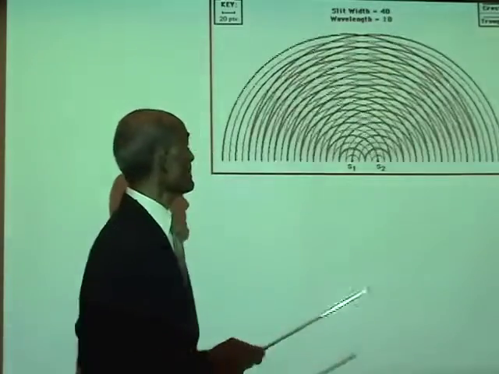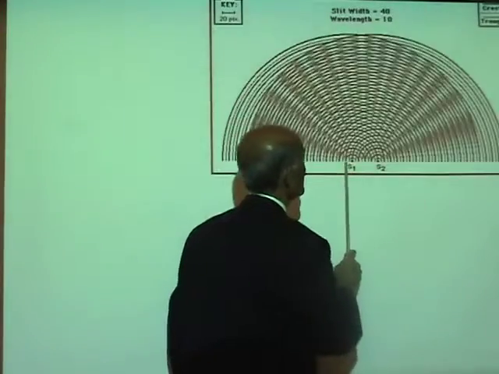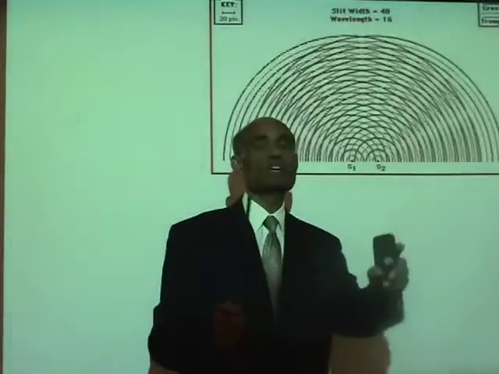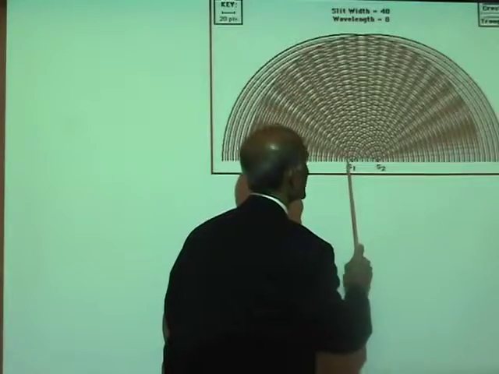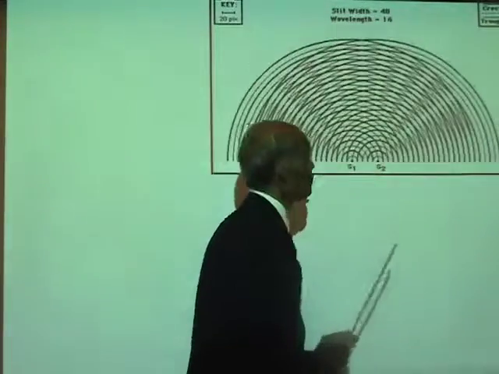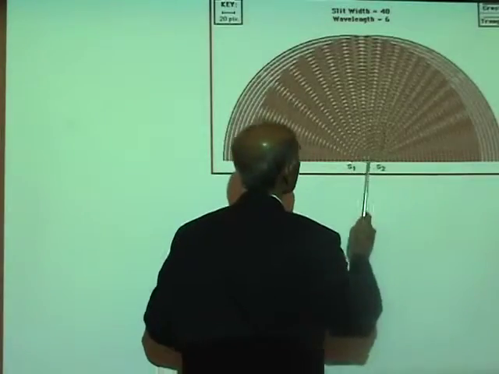I have another illustration here. Let me tell you what this is. Suppose you have two loudspeakers at two different points in a room. Here S1 and S2 represent two loudspeakers, and sound is coming from both.